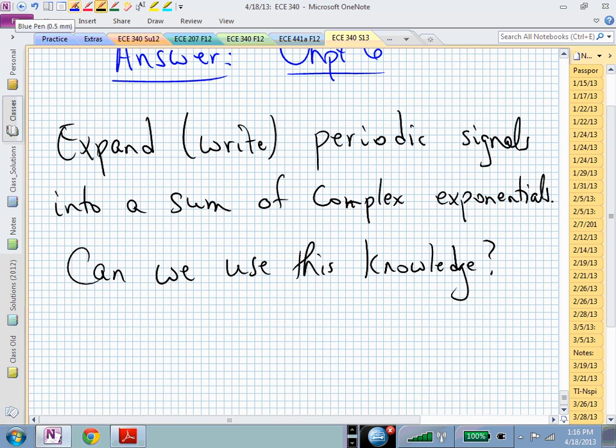What we can do now, this is rhetorical, can we use this information or this knowledge? And what was just suggested is, what if we just created a periodic waveform that looked like that first triangle, except we repeat it with a period of capital T? That's what we want to do.